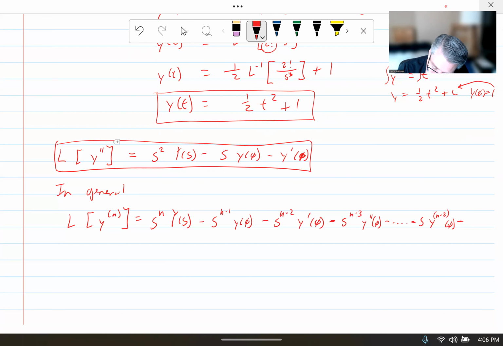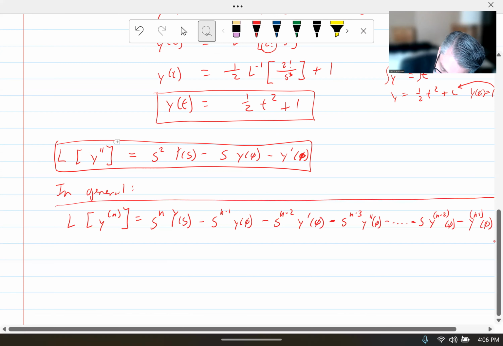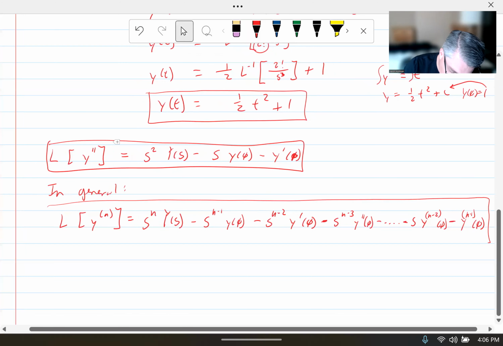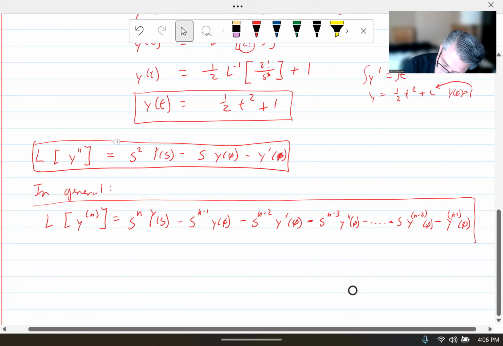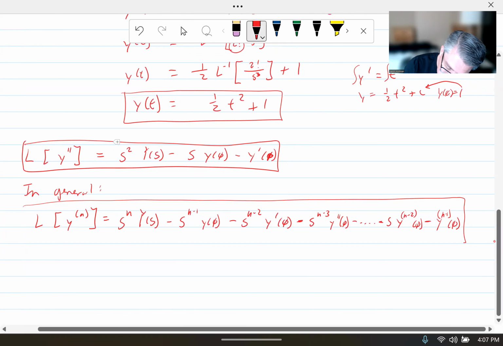So there is no s, it's just the n minus 1th derivative evaluated at 0. So that's the general way we do a Laplace transform of an nth derivative.